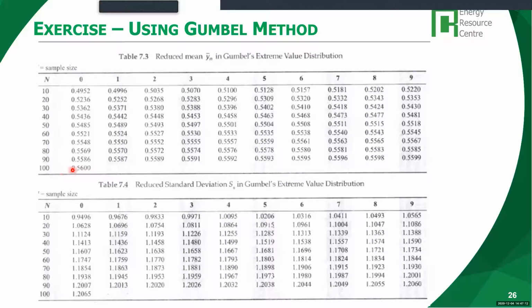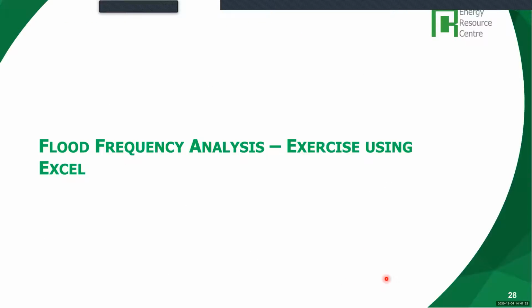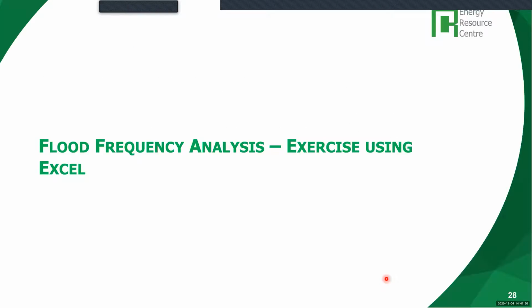If you have 100 years of data, which is normally very difficult to get in developing countries. Then, using equation B, we calculate K. Once you get the value of K, which depends on the return period, we can get the XT value. Based on that, I will quickly show you an exercise.